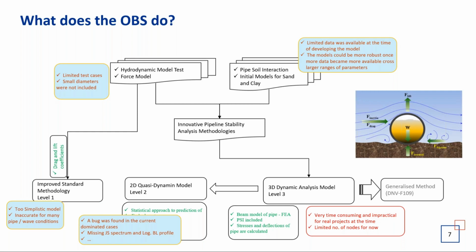There was some boundary layer limitation there. In the soil area where they originally developed the pipe soil interaction model, they had limited data, where after developing those models, there were more tests conducted and the data became even more available.